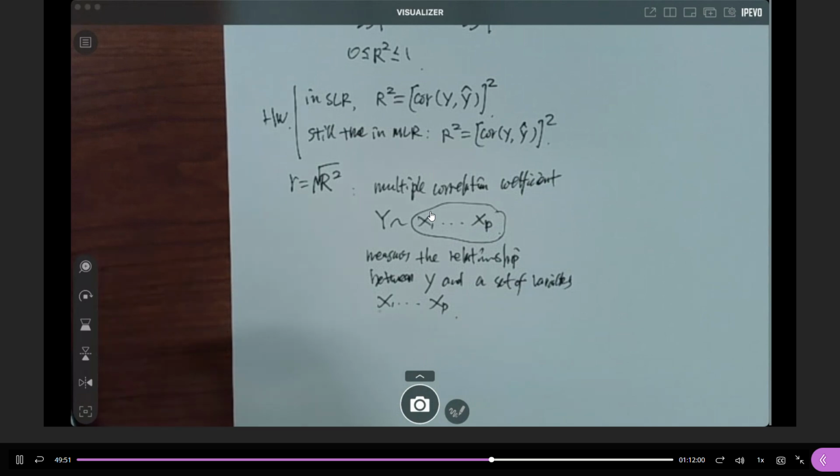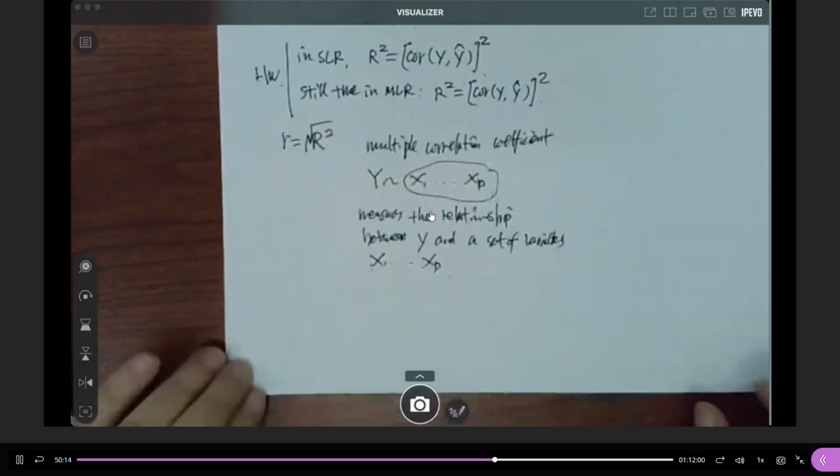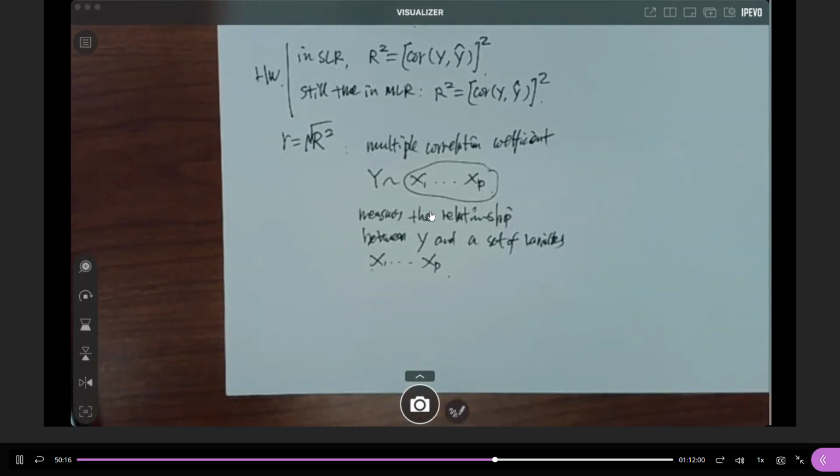So what else is different from simple linear regression? In simple linear regression, if you compare two regression results, if one result has a larger R squared than the other, it is usually interpreted as more of the variation in Y being explained by X. However, with a multiple linear regression model, you have so many X here.